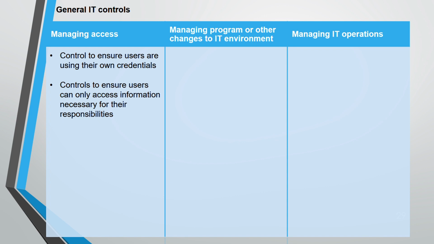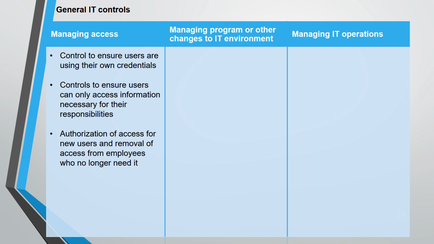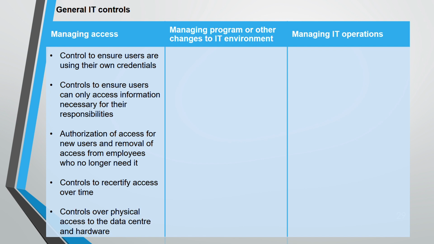They are not given wide access. Then authorization of access for new users, and you remove the access of former employees. You have a control to recertify access over time and a control over the physical access to hardware and the data center. That is, you manage access.